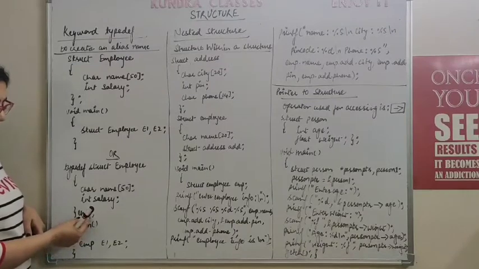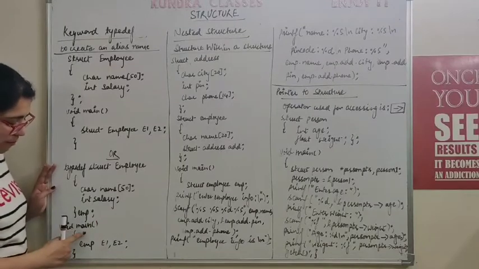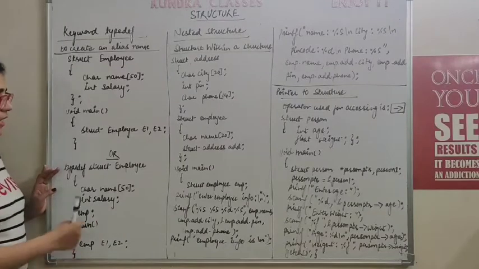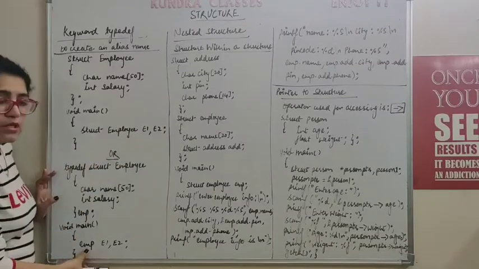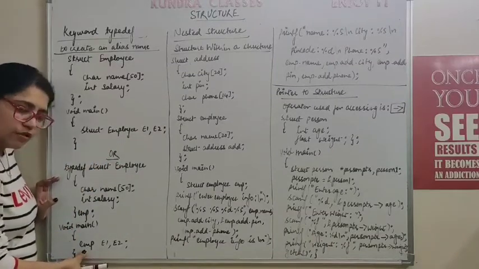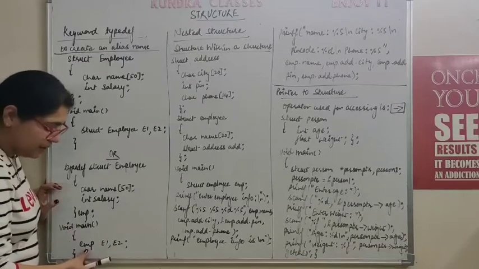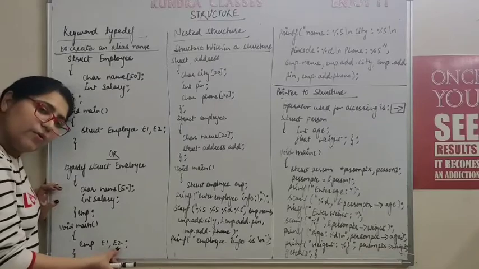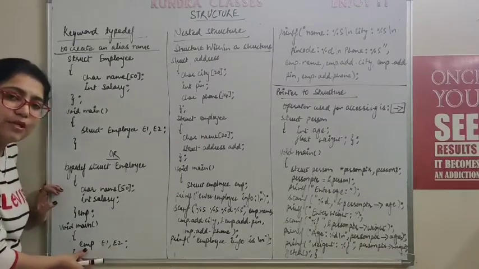This is the alias name for the structure. Then semicolon. Void main. Now you can see, rather than using this big statement with the struct keyword, I am going to use just the alias name of the structure to create the variables E1 and E2. EMP, it's very simple. EMP E1 and E2. You can create as many variables as you want with the alias name. It will be easier for you.